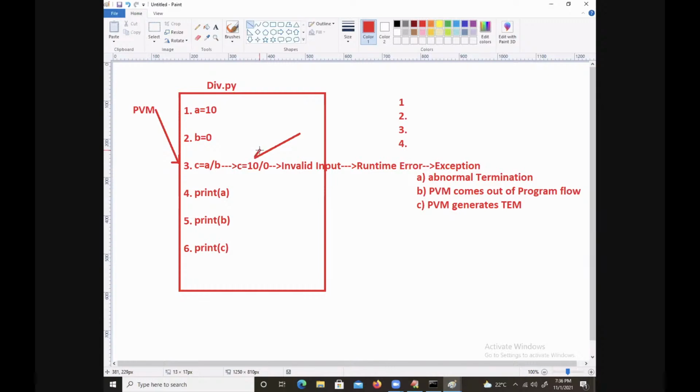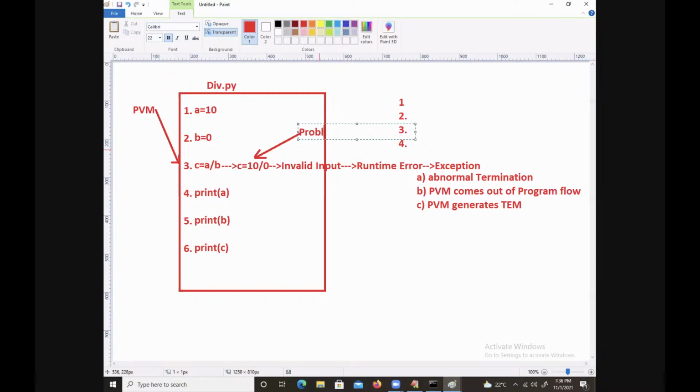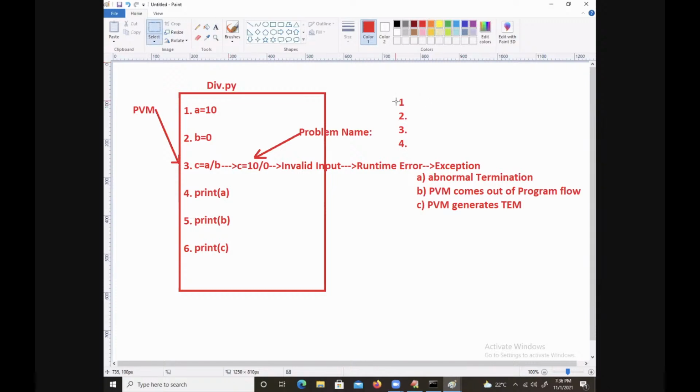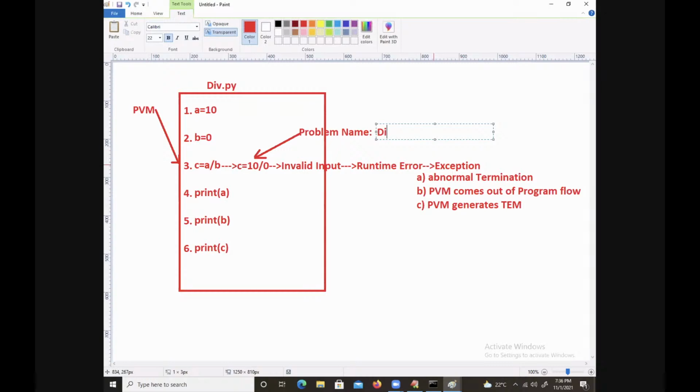Let me tell you the problem name. Division by 0. I will write the problem name here. In English I am writing, my dear students.